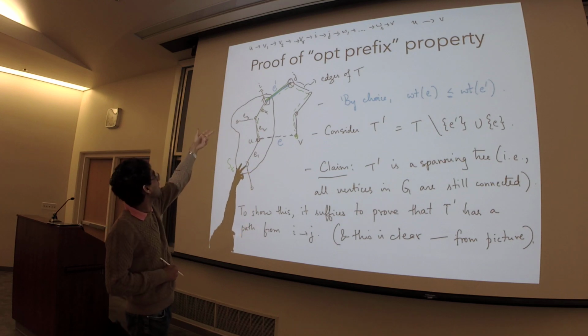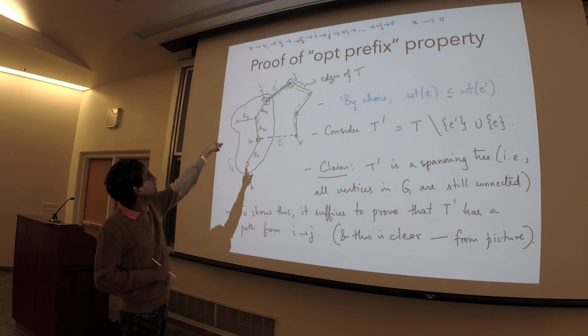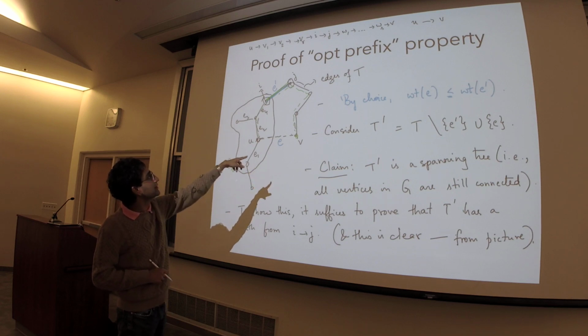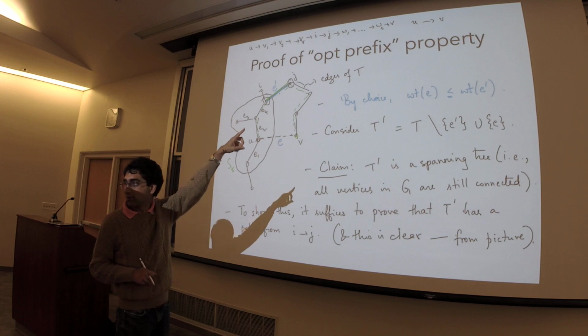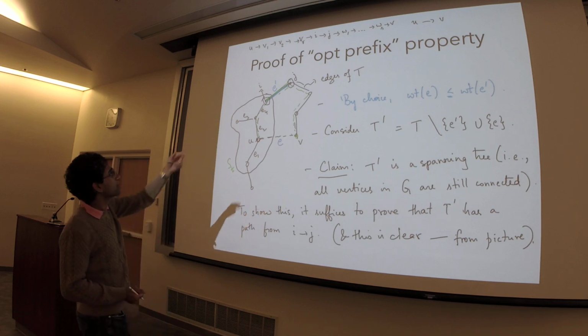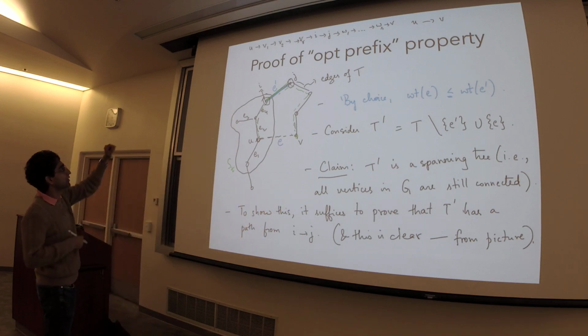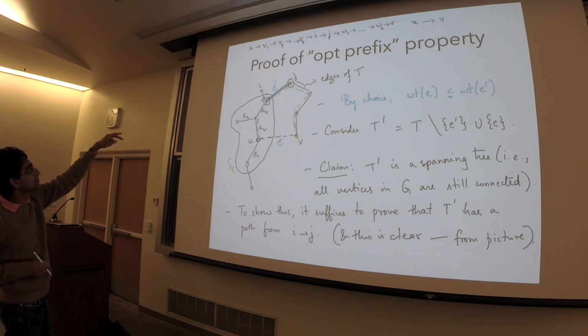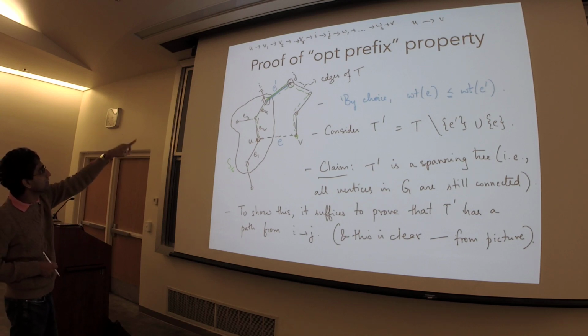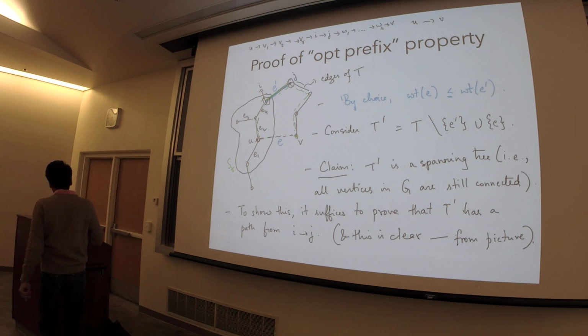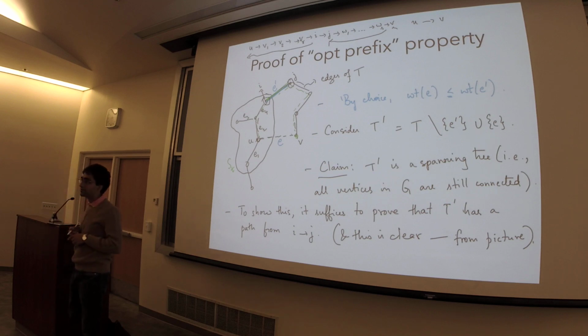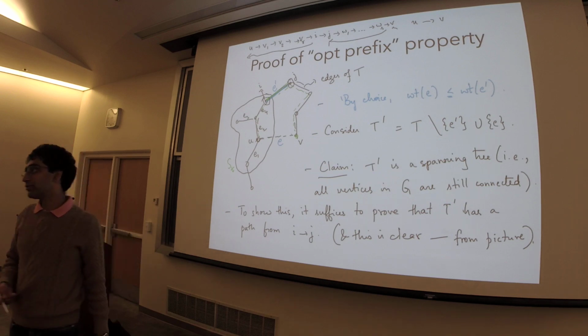And I'm just saying at some point you hit I, and then there was this edge IJ, and then you eventually have a bunch of W's, and then you hit V. Now all you have to do to go from I to J in the new tree is traverse back. So you go from I through U, and then you know how to get from U to V is an edge, and then you go all the way back. Okay. So that's what it is.